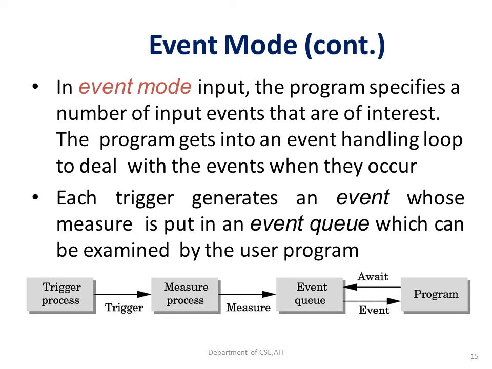Suppose we have multiple input devices connected to the system, each having its own trigger and running a measuring process. Every time a device is triggered, an event is generated. The device measure, including the identifier for the device, is placed in an event queue. This process of placing events in the event queue is completely independent of what the application program does with these events.